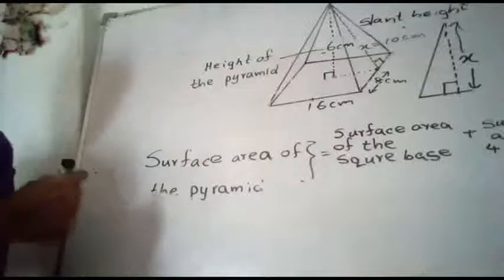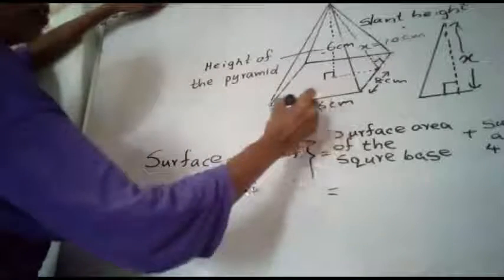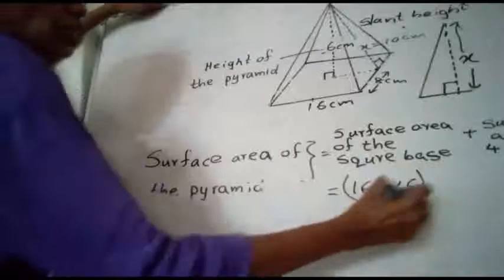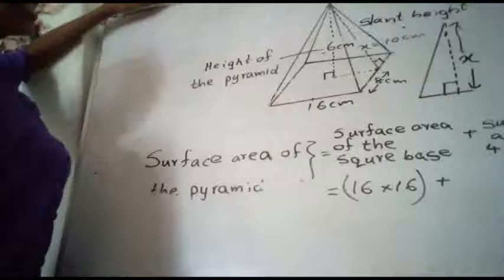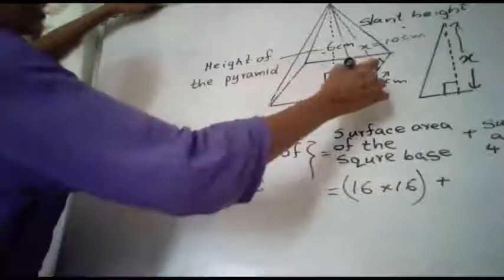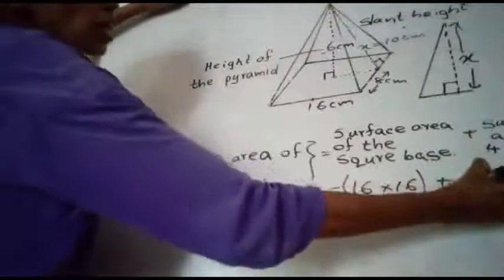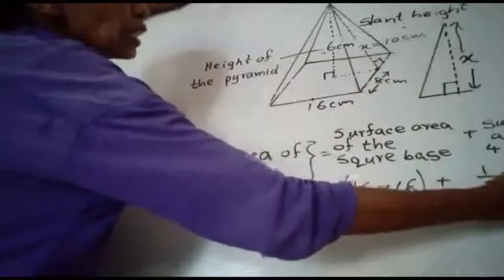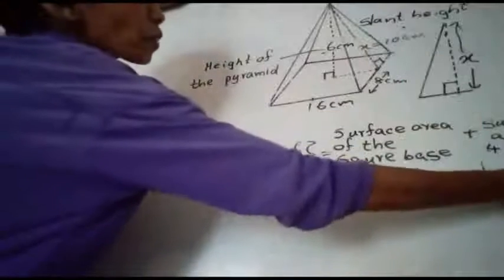Now the surface area of the pyramid is equal to the surface area of the base, which is 16 multiplied by 16, plus the surface area of the 4 triangular surfaces. The surface area of one triangular surface is half into base, base is 16, multiplied by height, height is 10.